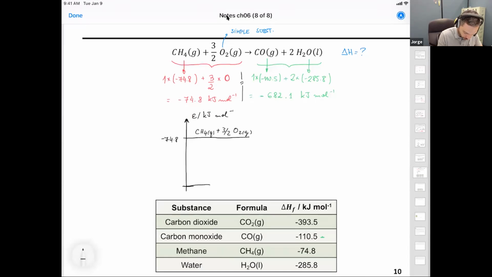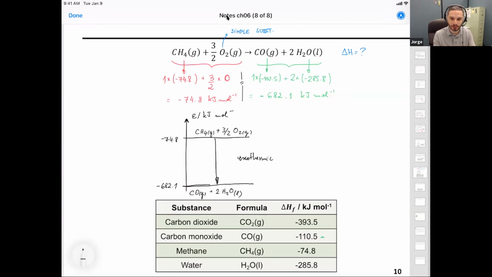So we are going to move all the way down to minus 682.1, CO gas and 2 water molecules. So therefore, the reaction moves to a lower energy level, which means this reaction is exothermic.